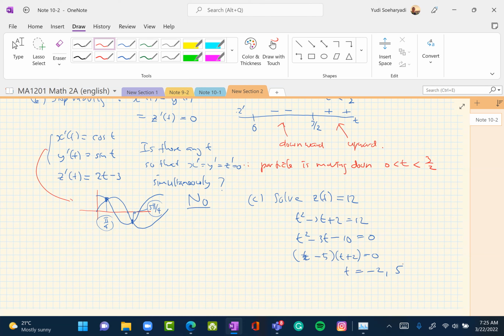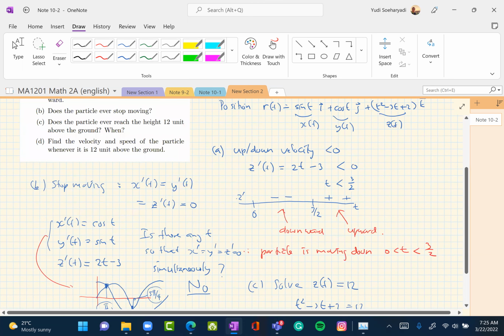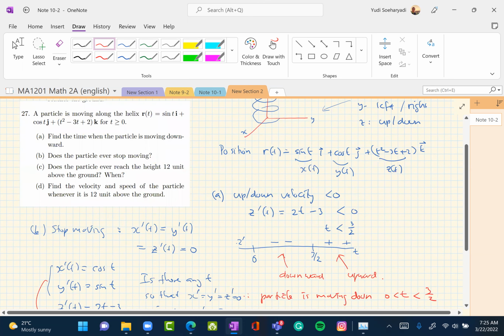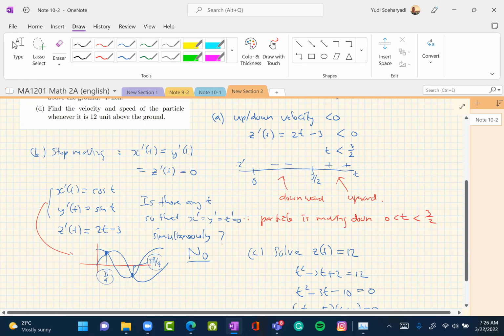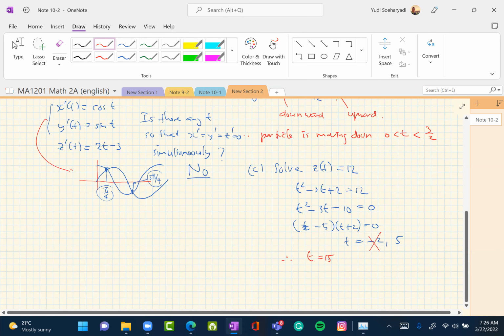But because from the beginning it asks for positive, non-negative t, we dismiss this one. Okay, so it reaches the height 12 at t equals 5.